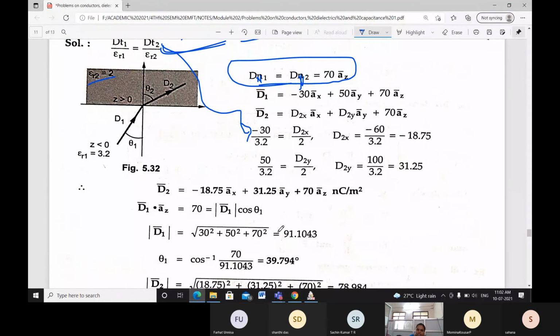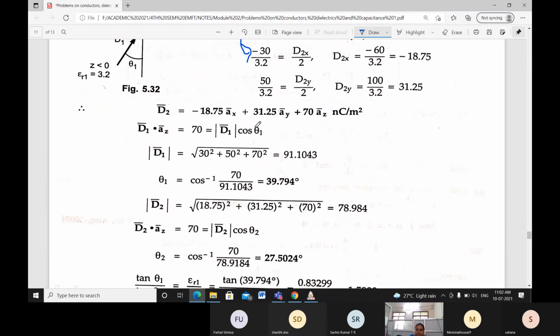That square root will be 91.1043. Then theta 1 is going to be cos inverse of 70 divided by 91.1043, which gives 39.794 degrees.